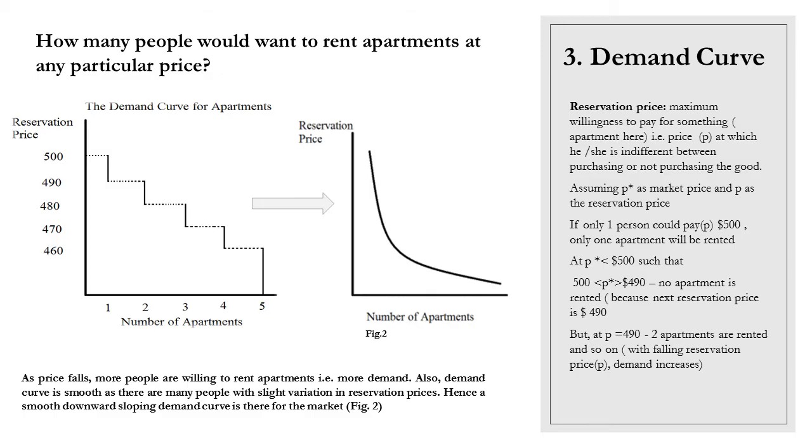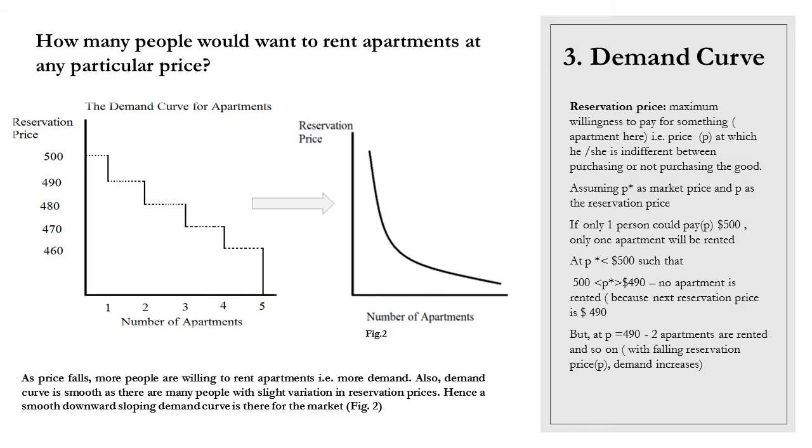To understand this, first of all we should know what we call the reservation price. Technically, this means the maximum willingness a person has to pay for something, in this case for apartments. A buyer's maximum price at which he is willing to buy the apartment, that we call his or her reservation price.